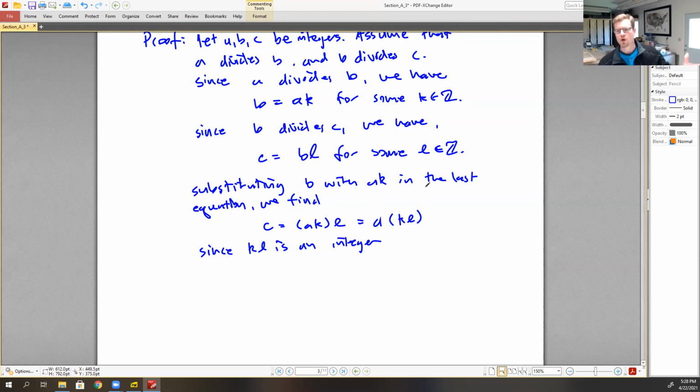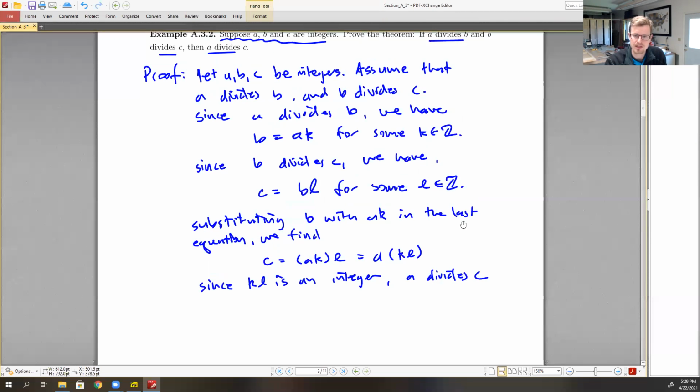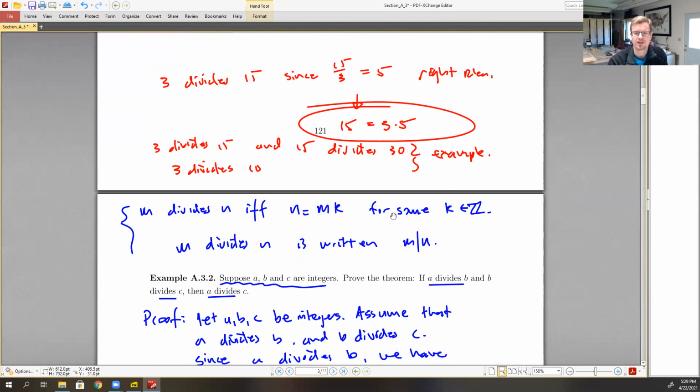I don't need to go through all of that language, but I should recognize that KL is an integer. So since K times L is an integer, we actually have that A divides C. Because when we can write N as a multiple of M, we know that M divides N, or in this case, that A divides C.